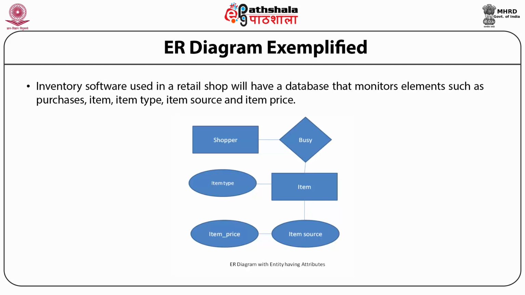So we have entities such as the shopper, the item, and then we have the attributes such as item type, item price, item source. And the relationship between the shopper and the item is depicted by the relationship notation that shows that the shopper buys the item.